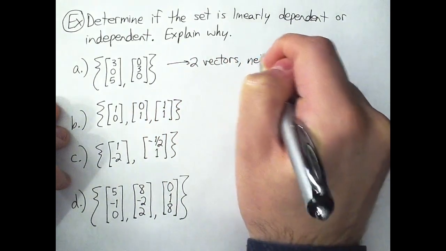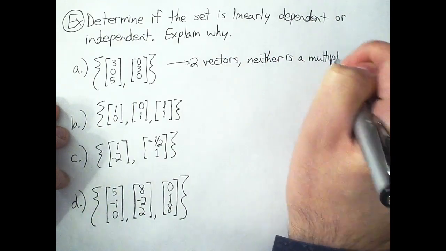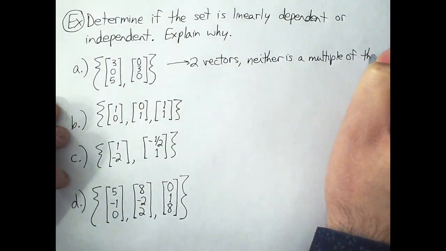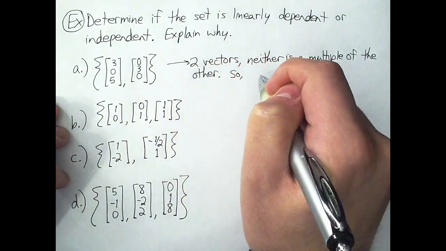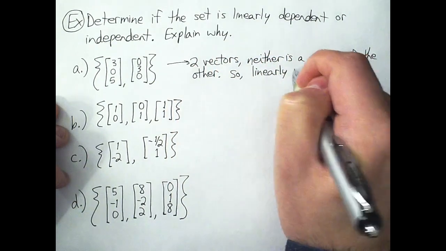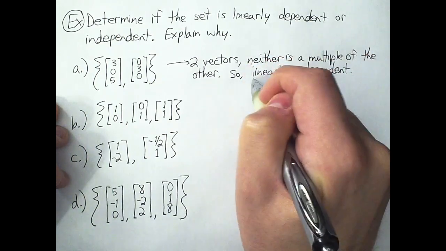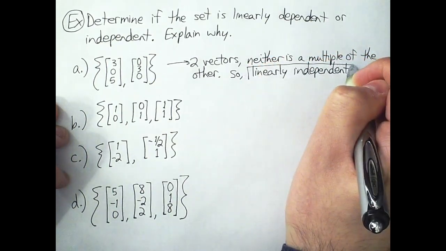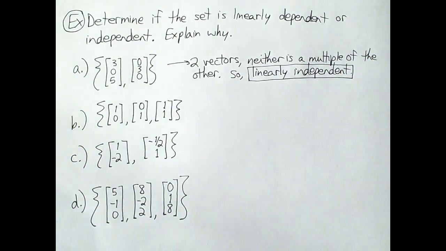I'm going to say neither is a multiple of the other. So the set is linearly independent. And that's really all you have to say for part A. You could say a little bit more, but you don't really have to do a great deal more than that.